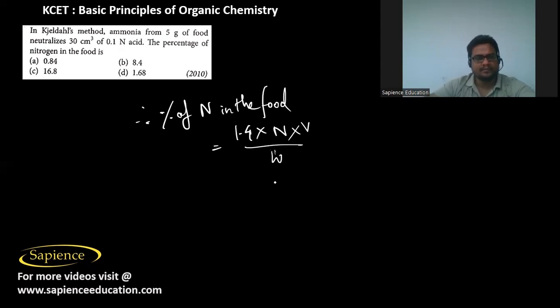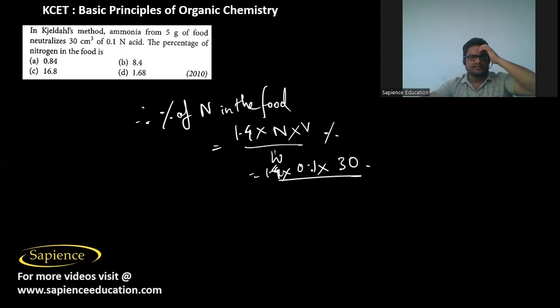So it will be 1.4 times the normality of the acid, that is 0.1, times the volume of the acid, which is 30 centimeter cube, divided by 5 gram.